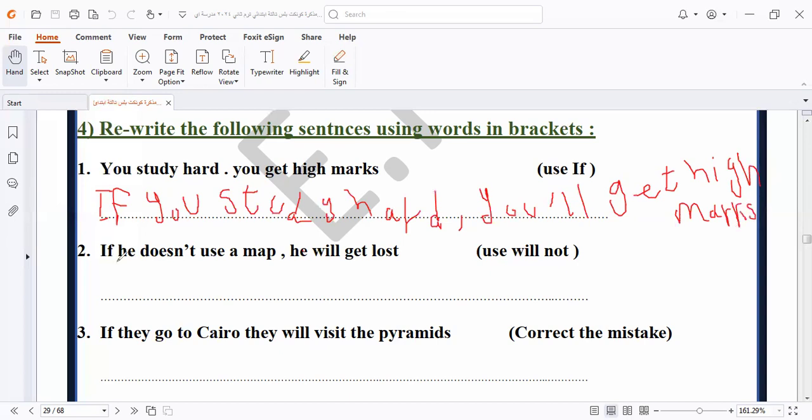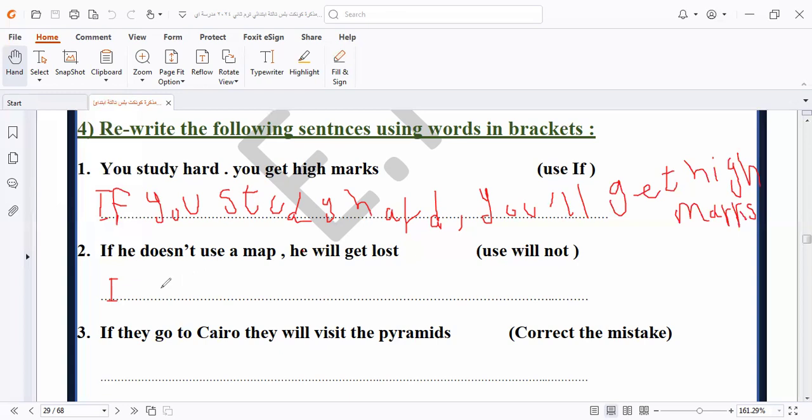The sentence is: if he doesn't use a map, he will get lost.